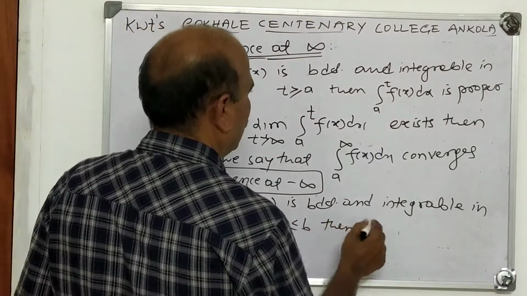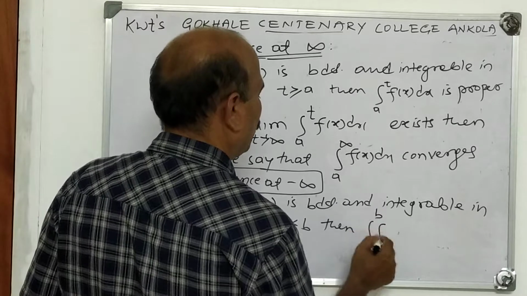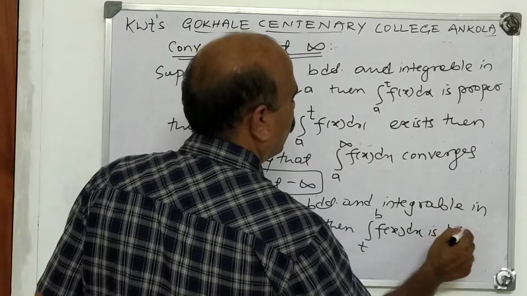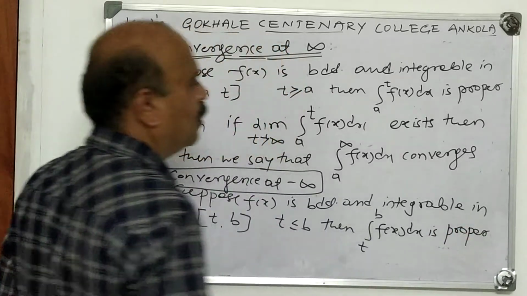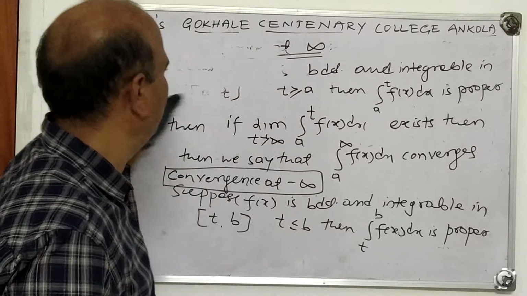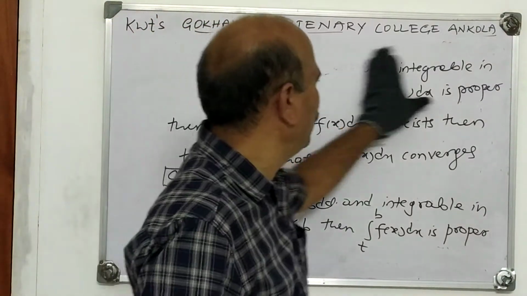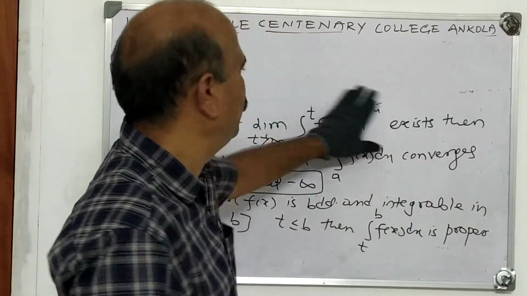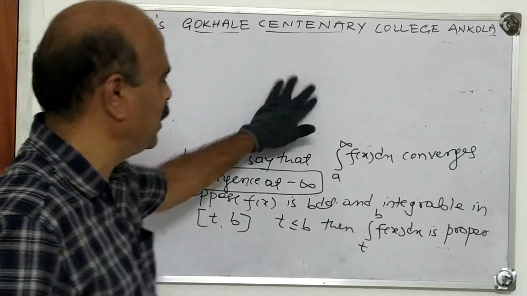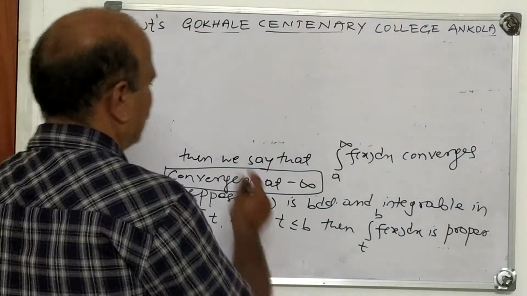Then the integral t to b f(x) dx is proper. And we know that every proper integral exists. We assume that every proper integral exists. Now this t to b f(x) dx is proper, therefore it exists.